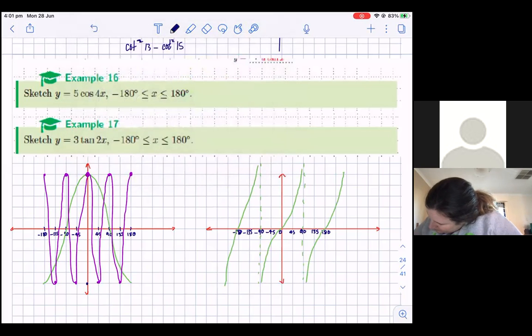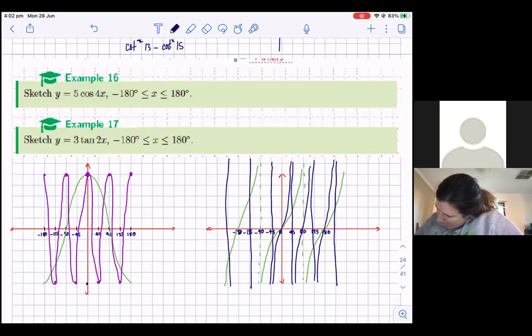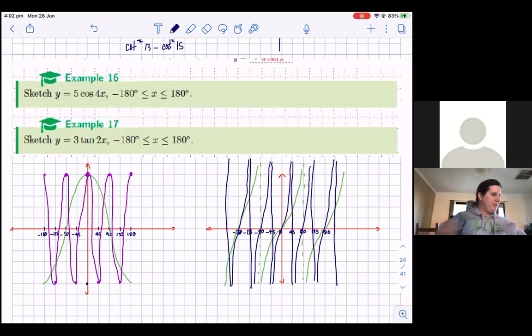So we're going to have asymptotes like this. Are we? No, I'm second guessing myself.